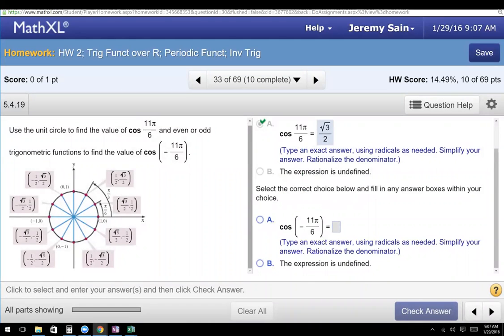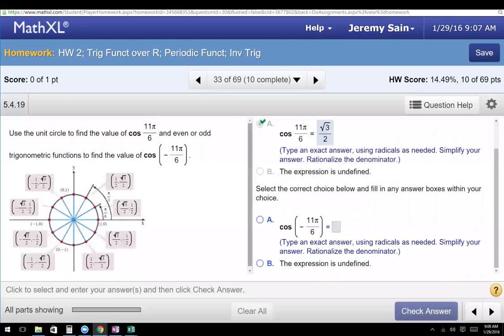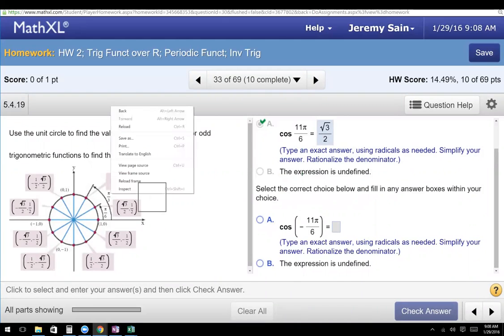If I go negative 11 pi over 6, it's the same thing, except instead of going counterclockwise around, I'm going clockwise. So I wind up at this point up here. Normally you go counterclockwise.